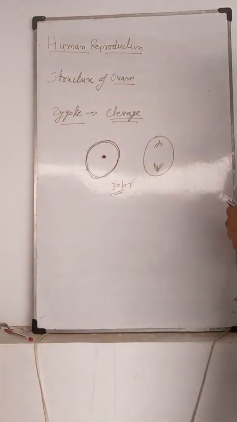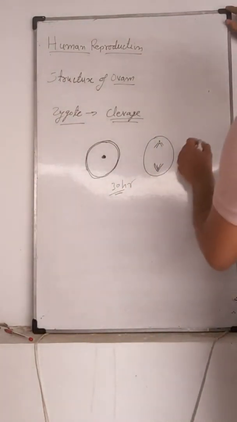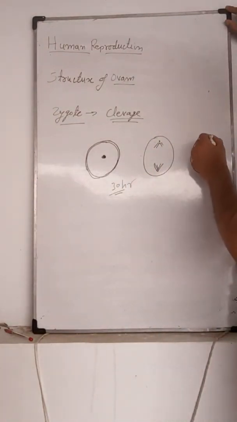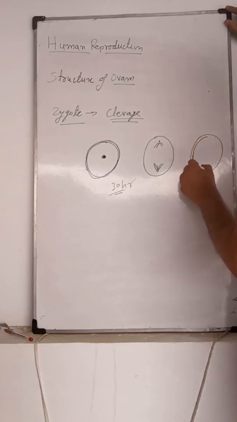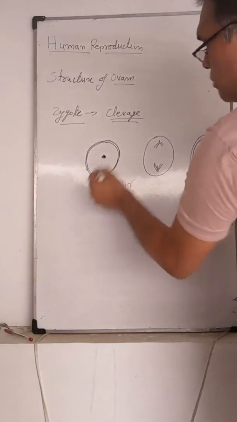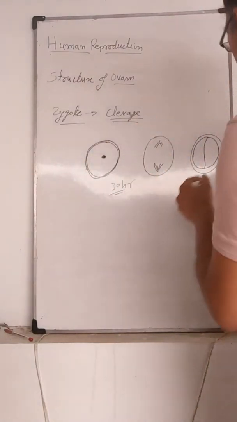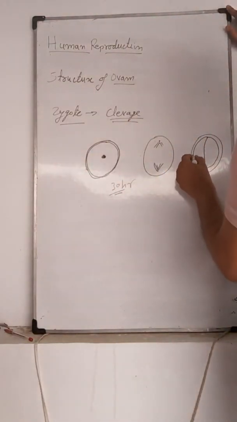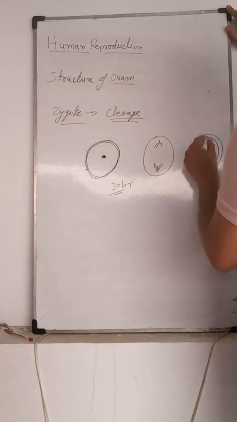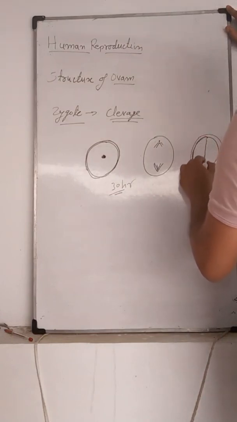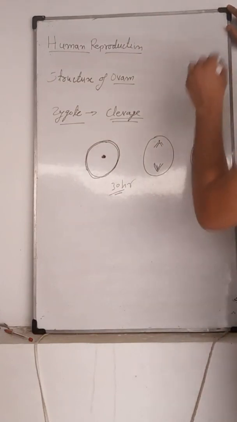Holoblastic division forms the two-cell stage, still covered by the zona pellucida layer. The first division is vertical.